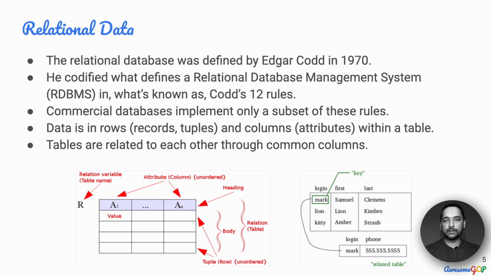Today's commercial databases typically implement only a subset of these rules. In a relational database, data is in rows, or records or tuples, and columns of attributes, and these are all part of a table. The tables themselves are related to each other through common columns.